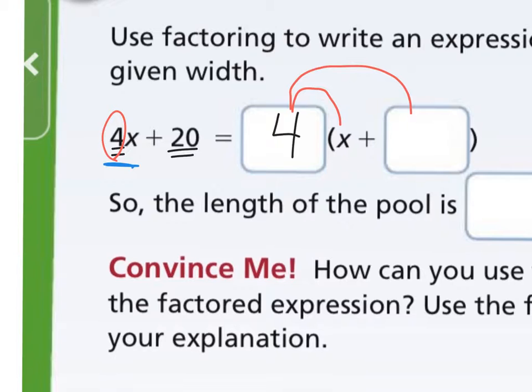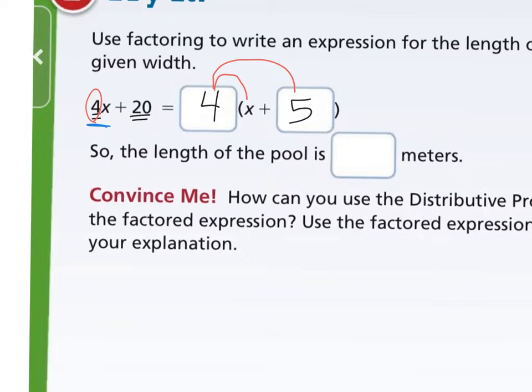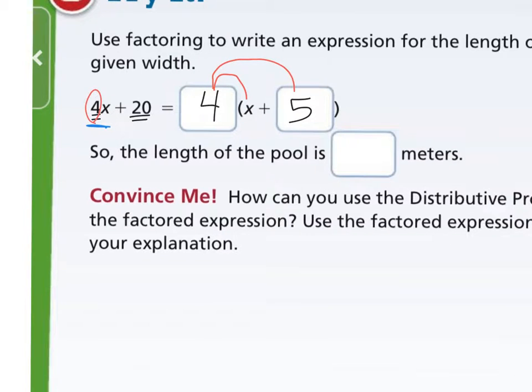So 4 times 5 equals 20. So we would put a 5 there. So we have the one dimension, we know by looking at the picture, the one dimension is 4 meters. So our other dimension would be x plus 5.